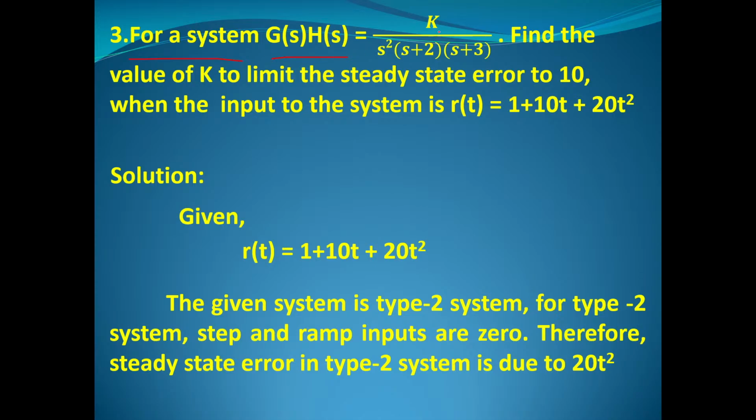G of s H of s is equal to K by s square into (s plus 2) into (s plus 3).